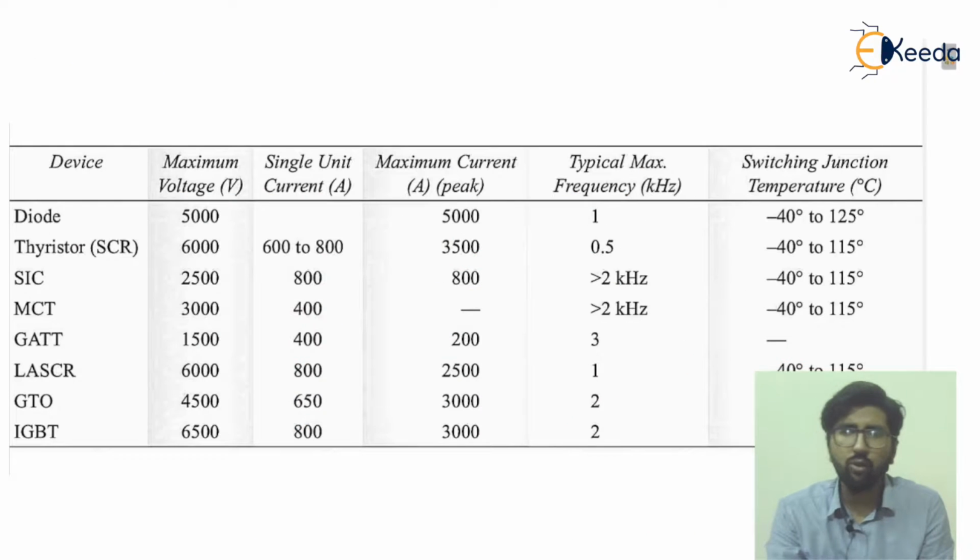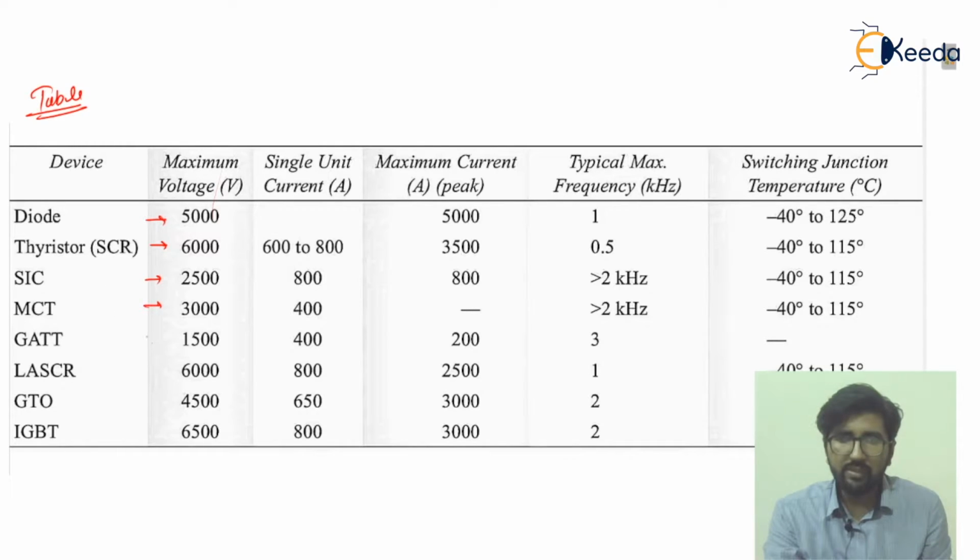This table represents the various ratings of the devices from various perspectives. For the diode, the maximum voltage value is 5000 volts, and for the thyristor it is 6000. For SiC it is 2500, MCT.